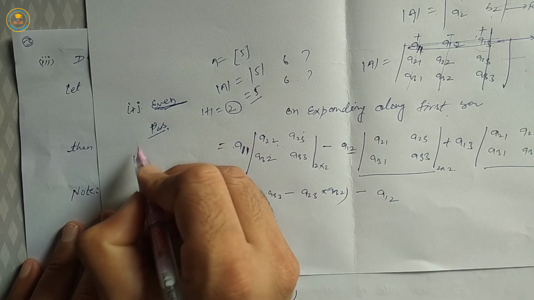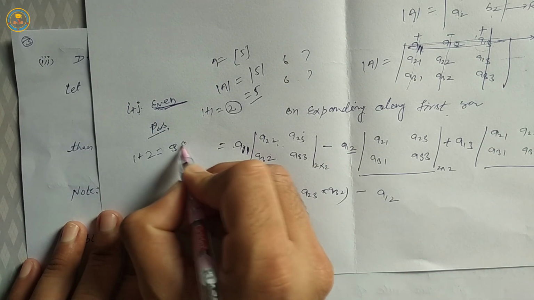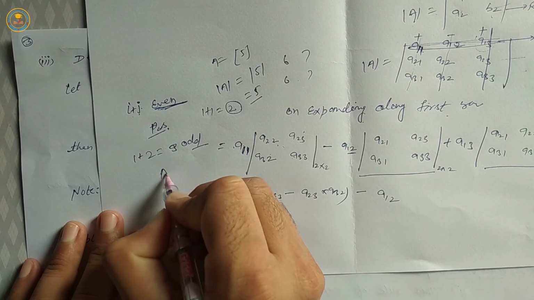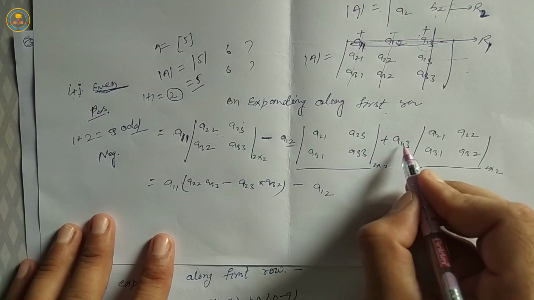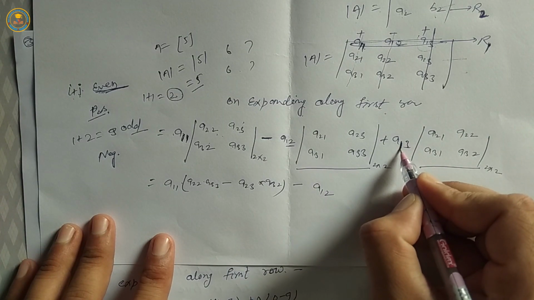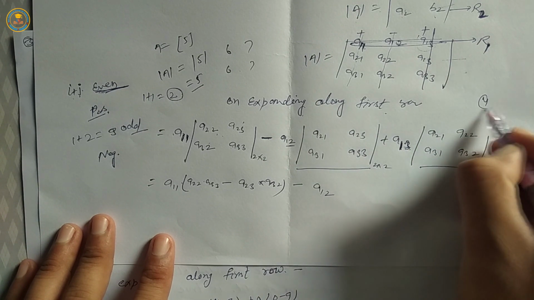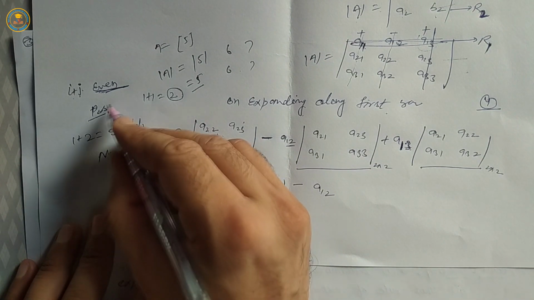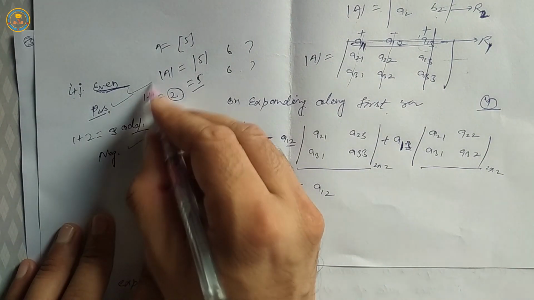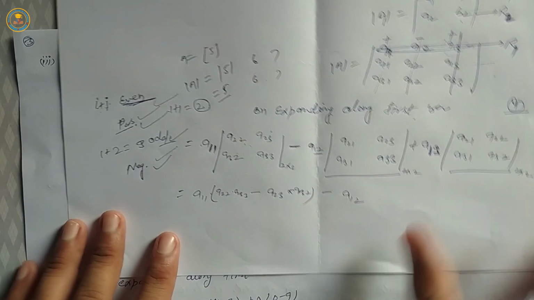A12: i plus j, 1 plus 2 is equal to 3, odd number. It means negative, it means minus. Okay. A13: i equal to 1, j equal to 3, 1 plus 3 is equal to 4, an even number. It means positive sign. Even number, positive sign; odd number, negative sign. Okay.